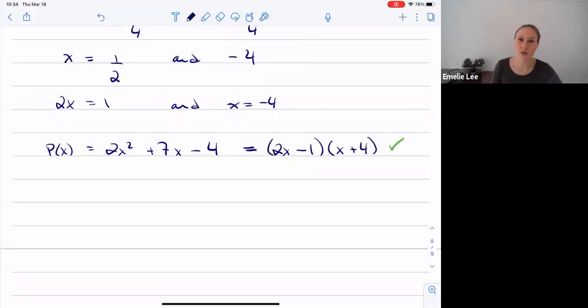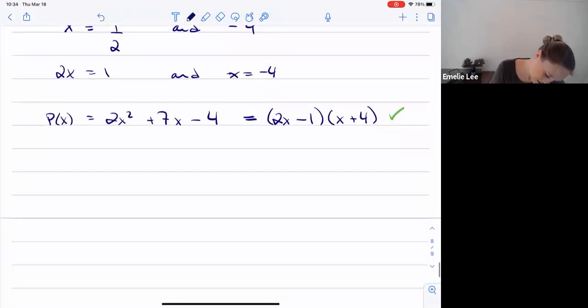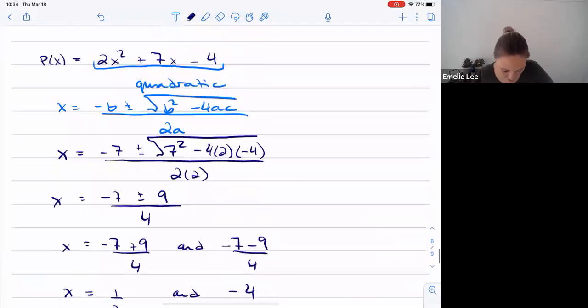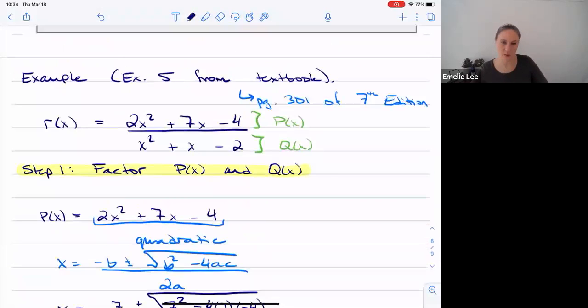So now do the same for Q of X. Right? So now factor Q of X, which is x squared plus x minus 2.